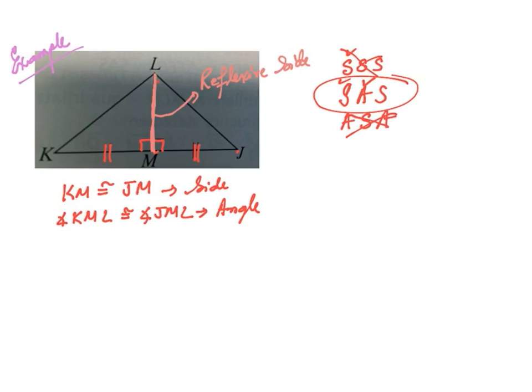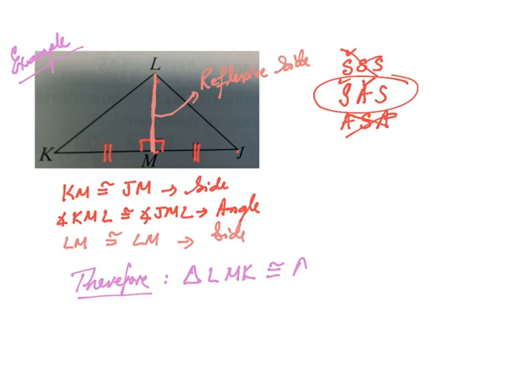So therefore you're going to say side LM is congruent to side LM, and that is another side. And then you're going to say therefore the two triangles, triangle LMK is congruent to triangle LMJ.